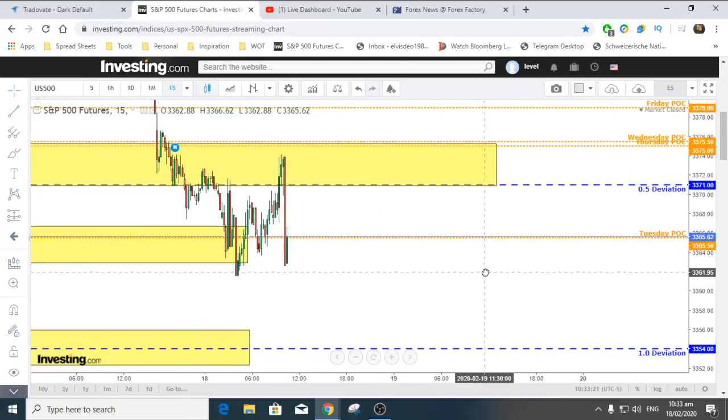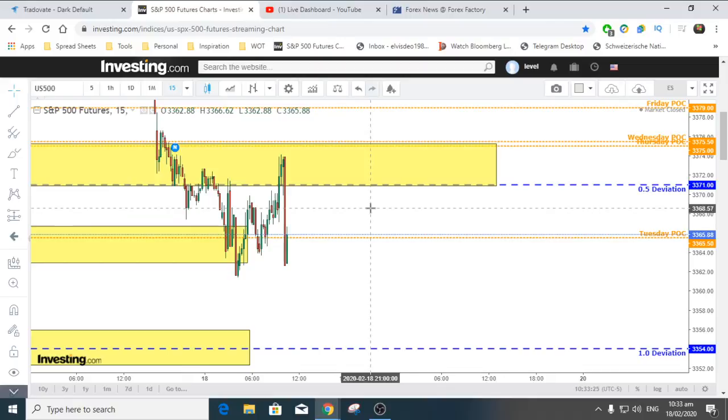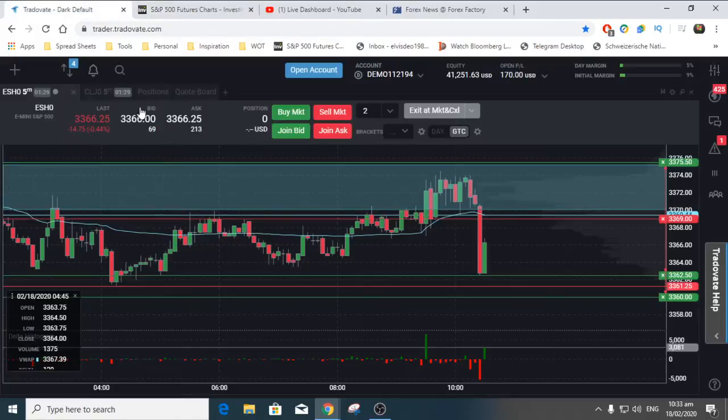So I could manage where my stops are. You see why we're looking at 69 closely here, using the VWAP as the entry.